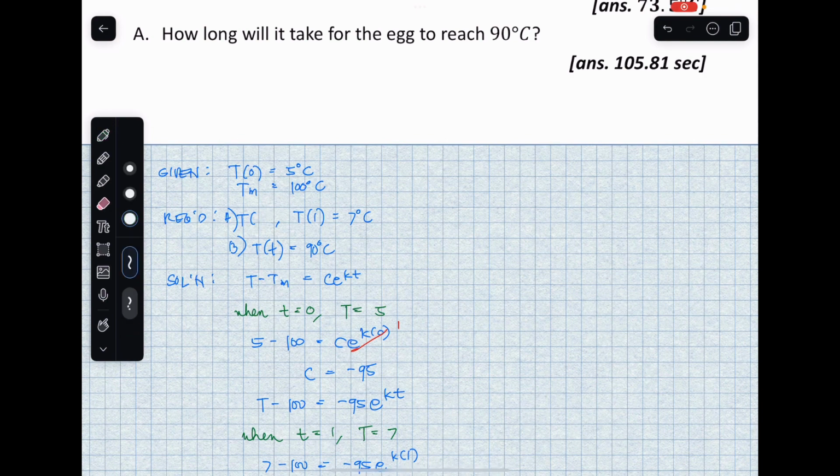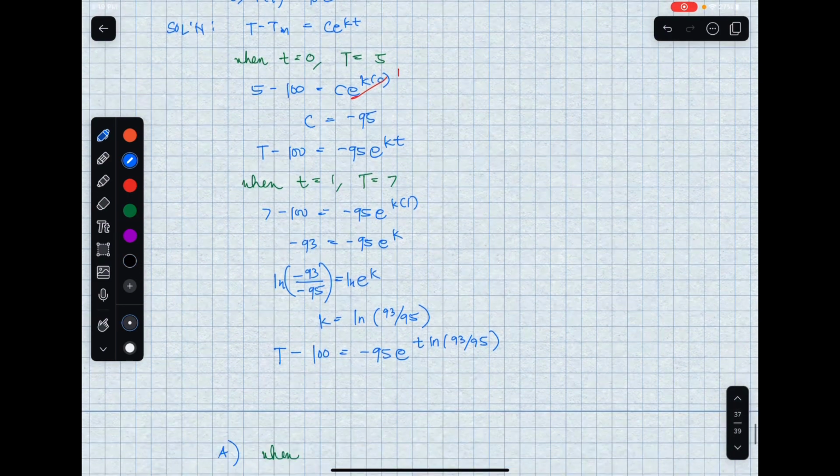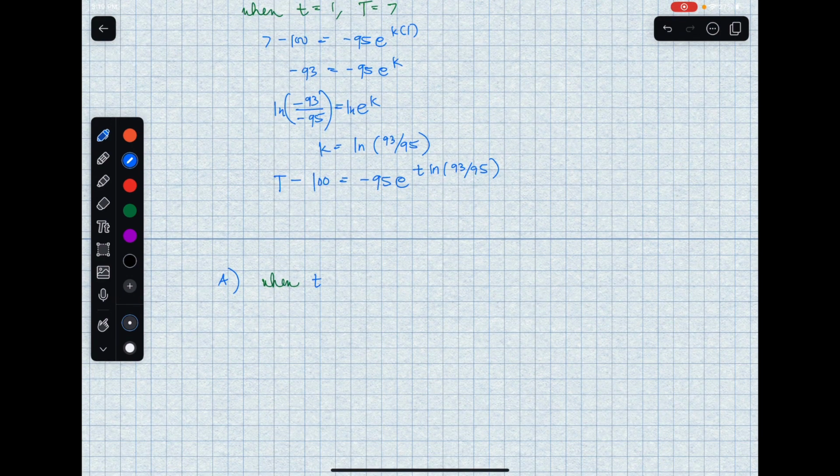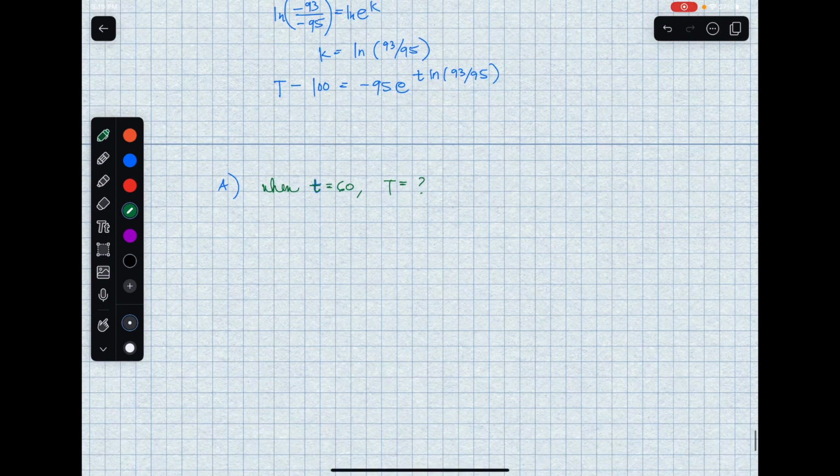Otherwise, we'll get 7. So after 60 seconds, when t is 60, what would be the temperature? T minus 100 equals negative 95 e raised to 60 ln of 93 over 95. So T equals 73.5 degrees Celsius.